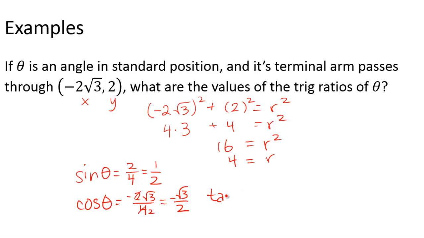And your tangent ratio, which is your y over your x, which is your 2 over negative 2 root 3. Now we need to fix this up, simplify it, make sure there's no root in the denominator, leaving you with root 3 over 3, and that's a negative. So there are the three values. You can reciprocate them for the other ratios.